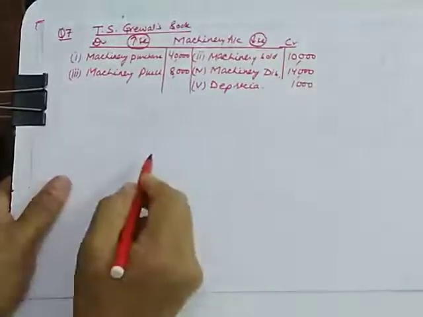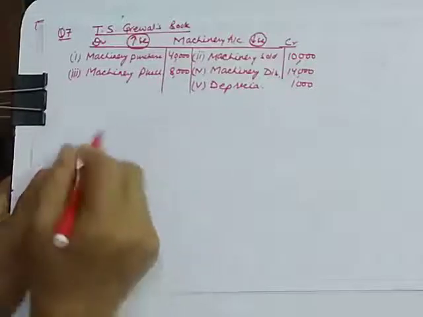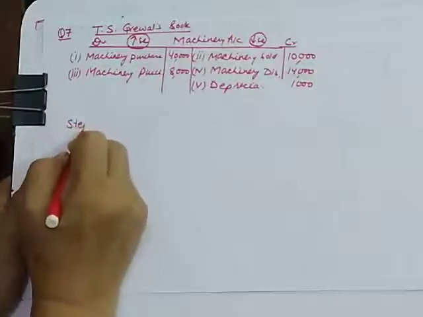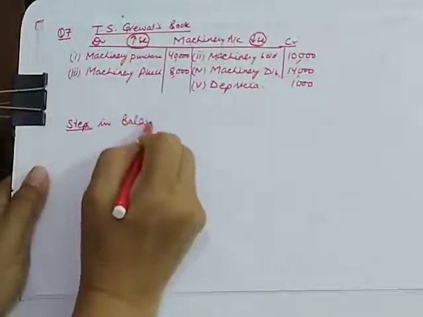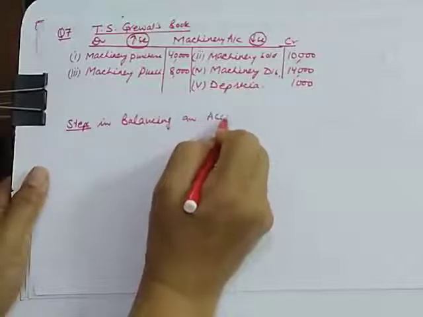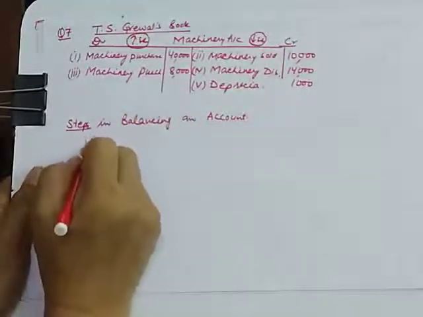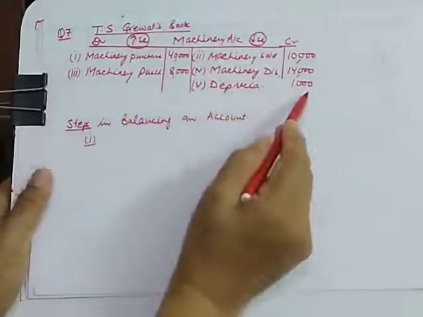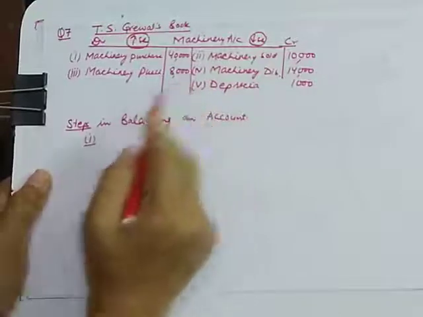Now the critical point is that you need to see the balance. How to balance? What are the steps in balancing an account? First of all, through observation, you can see which side is more. If you observe both sides, this side is more.